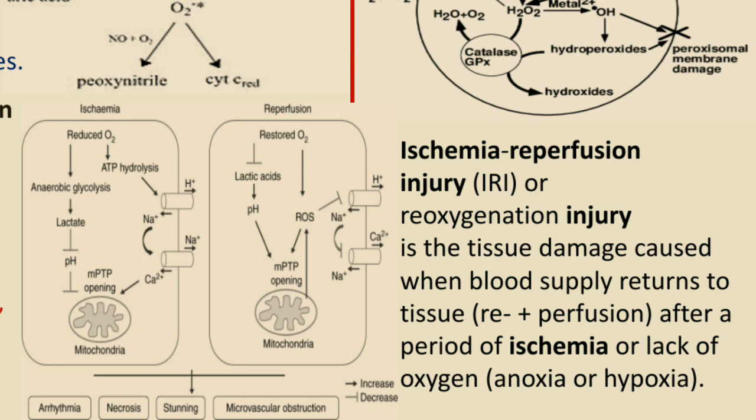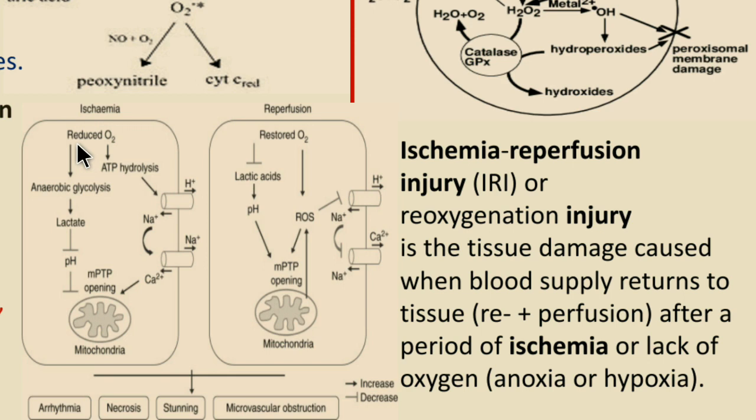Because of that, there will be reduced oxygen supplied to the cells, where anaerobic glycolysis is going to increase, and this leads to the formation of lactate, which is going to reduce the pH. Due to the lowered pH, the activity of the mitochondria is going to reduce.